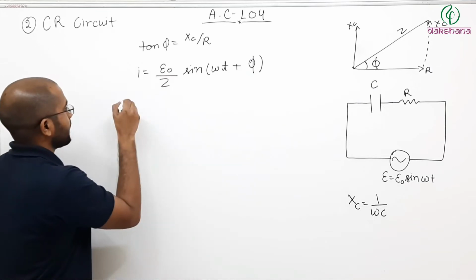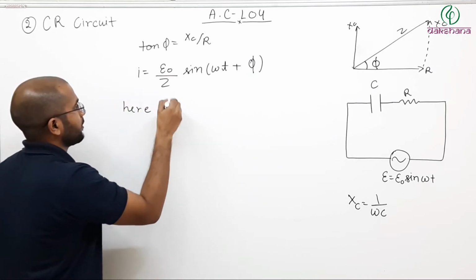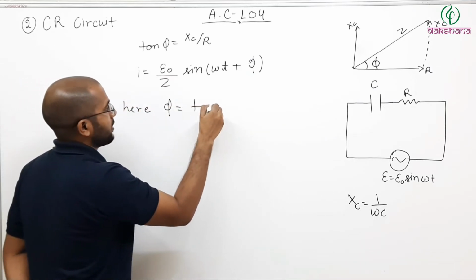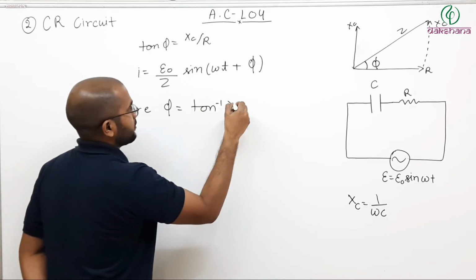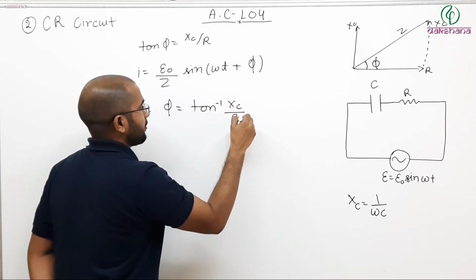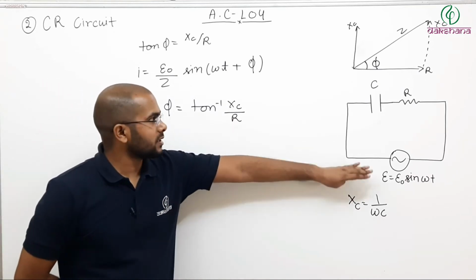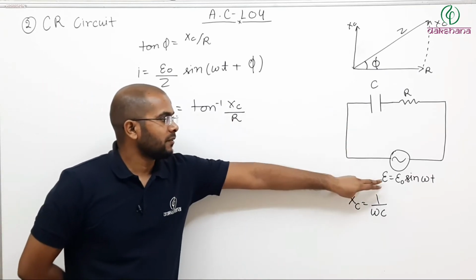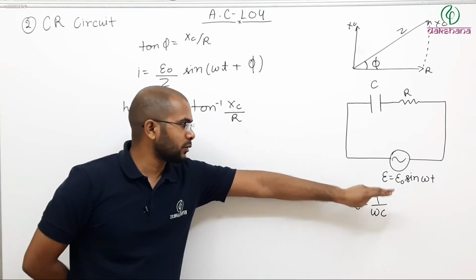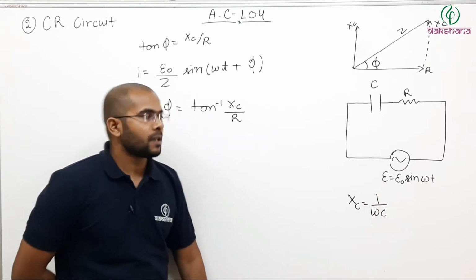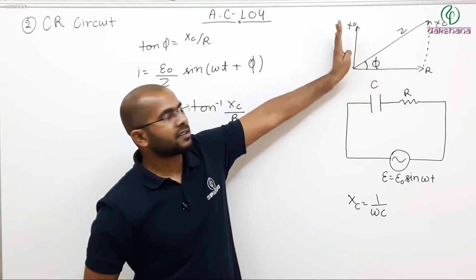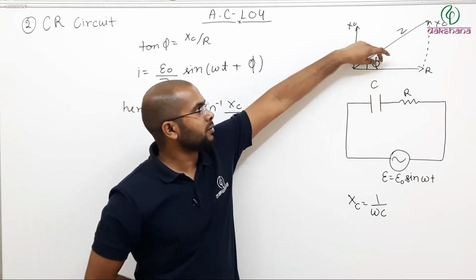So you can write here phi is nothing but tan inverse of XC divided by R. That is your phi. So in case of this RC circuit, when source is E is equal to E naught sine omega t, then R like this, XC like this, this is the Z value, this is phi.